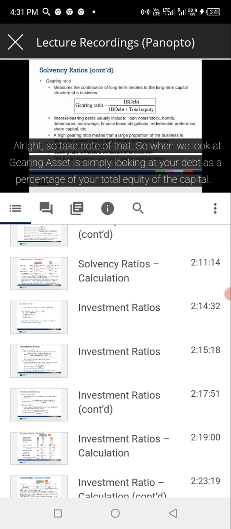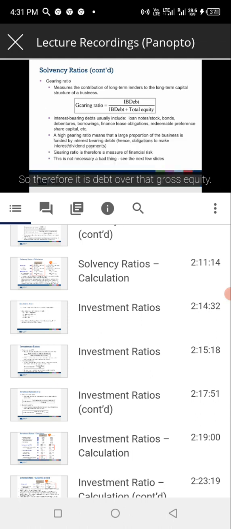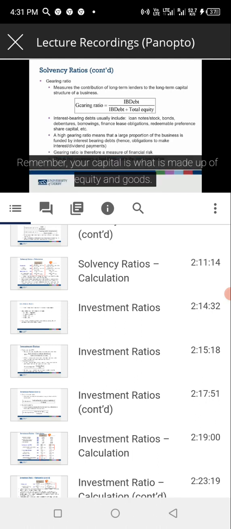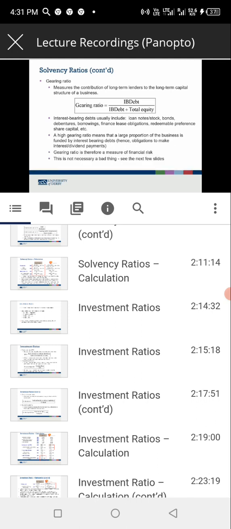So when we look at gearing, I said, it's simply looking at your debt as a percentage of your total equity, or your total capital. So therefore, it is debt over debt plus equity. Remember, your capital is made up of equity and debt. So when we are saying debt here, we are looking at interest-bearing debt. All right?